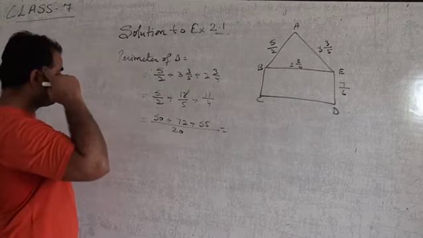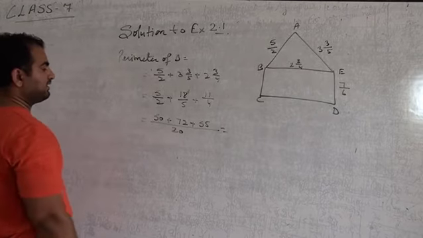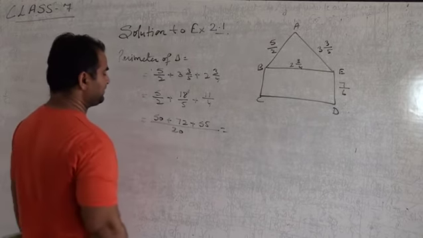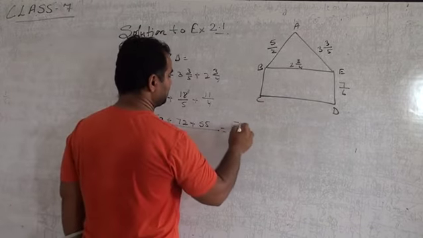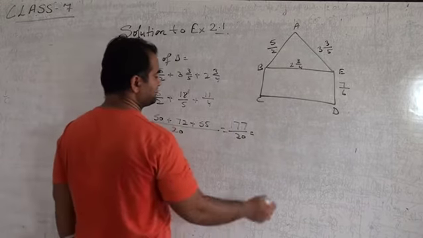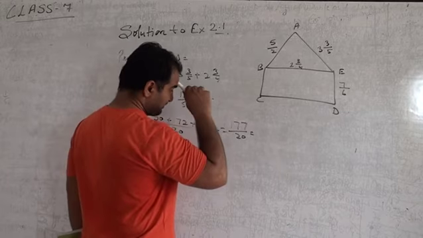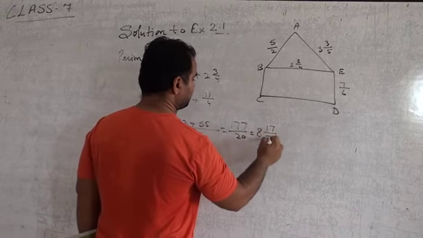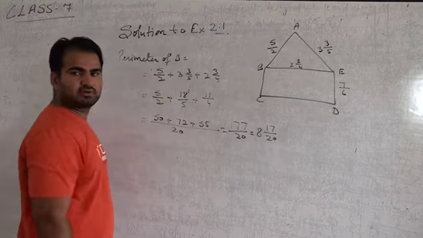Okay, now just add all of these. 5 and 5 is 10, 10 plus 7 is 17. It will be 177 by 20, or we can say 8 17 by 20 centimeter.